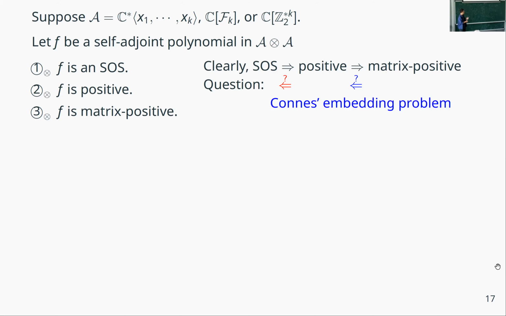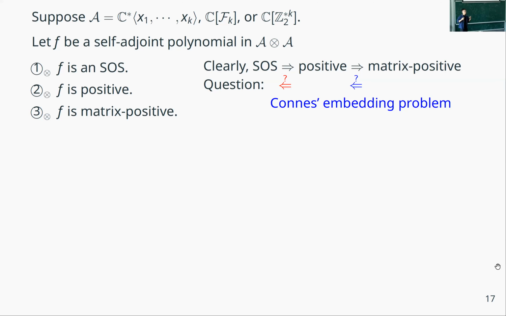The second question is essentially Connes' embedding problem. The original version is whether every hyperfinite II_1 factor can be approximated by finite dimensional von Neumann algebras, matrix algebras, and it has some variants. So here you can think of this as the sum of squares problem.